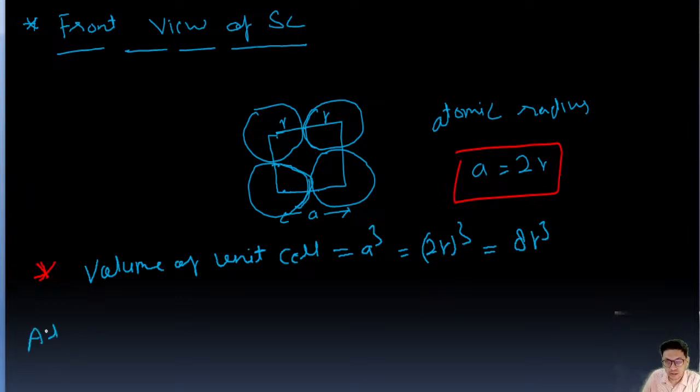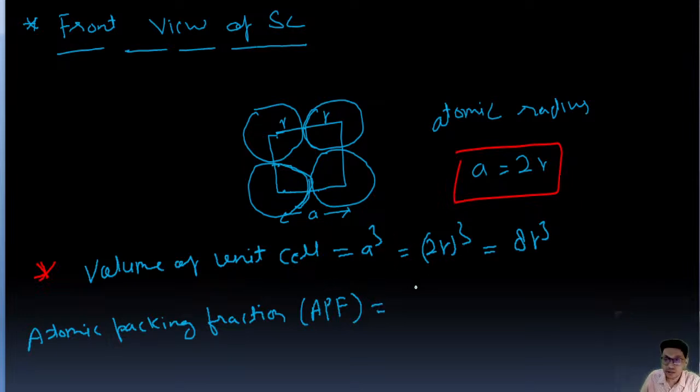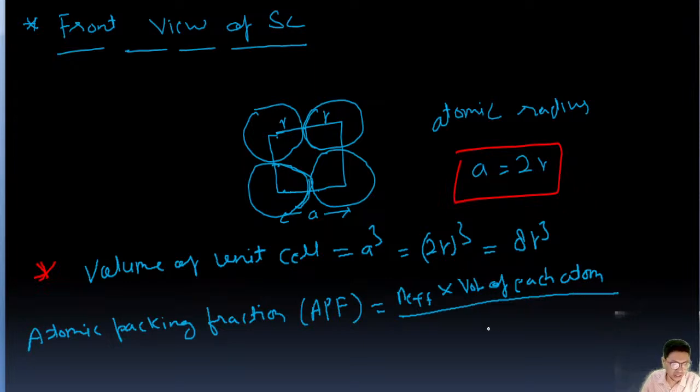Atomic packing fraction, in short we say APF. We know the formula, you need to note it down. It is N, the effective number of atoms, into the volume of each atom, upon the volume of the unit cell.